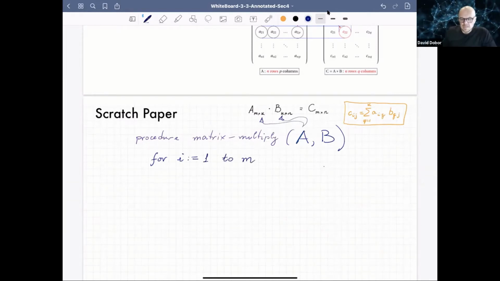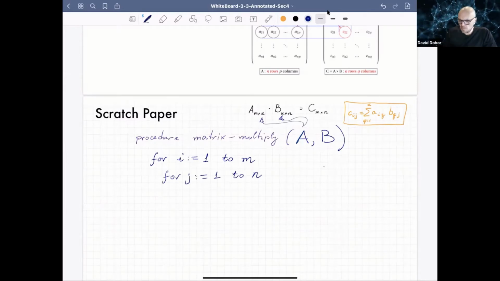Every time I have a row fixed, say I is 20, one of those rows, I'm taking that row and multiplying by the column of B. So for a fixed I, I'm ranging now through, let's use J for that, this is pretty standard, to N. This is the column of B. How many times do I have to do this?